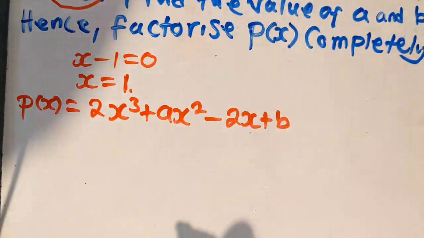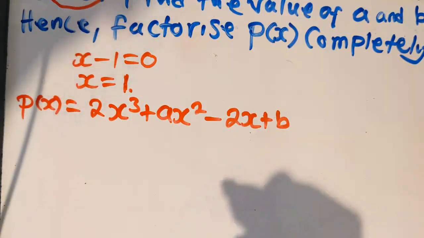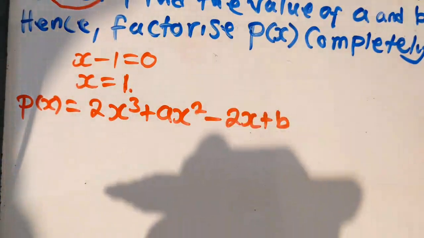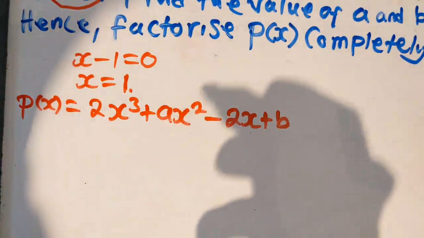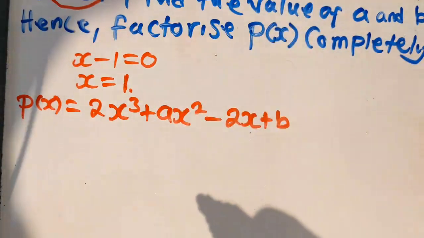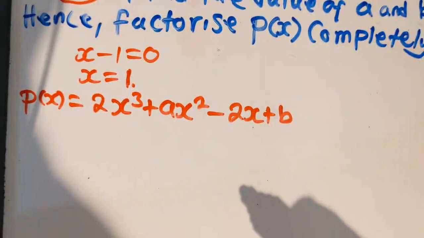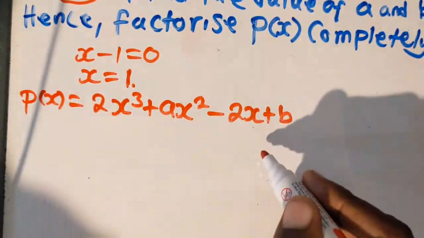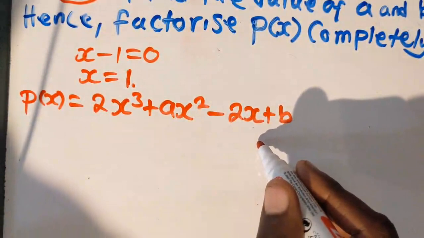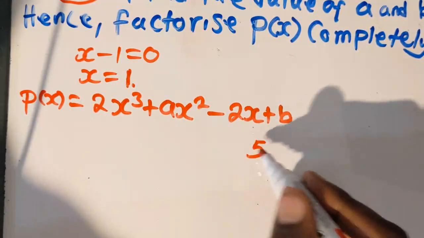A factor, we said, is a number that when you divide into something, it will give you the answer, but there will be no remainder. The remainder will be 0. That is what a factor is. Let's say we have 5.